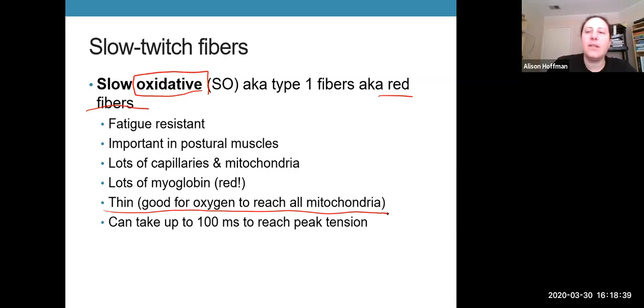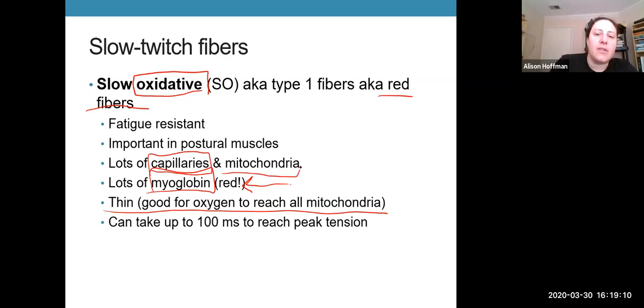So they're always going to be very efficient in their ATP use. Because they're using the aerobic pathway, they need to have a guaranteed supply of oxygen. So these guys typically have really good blood supplies, so lots of capillaries. They have a lot of myoglobin, which allows them to store oxygen for when their blood supplies get cut off. This makes the fibers red, which is why they get called red fibers.